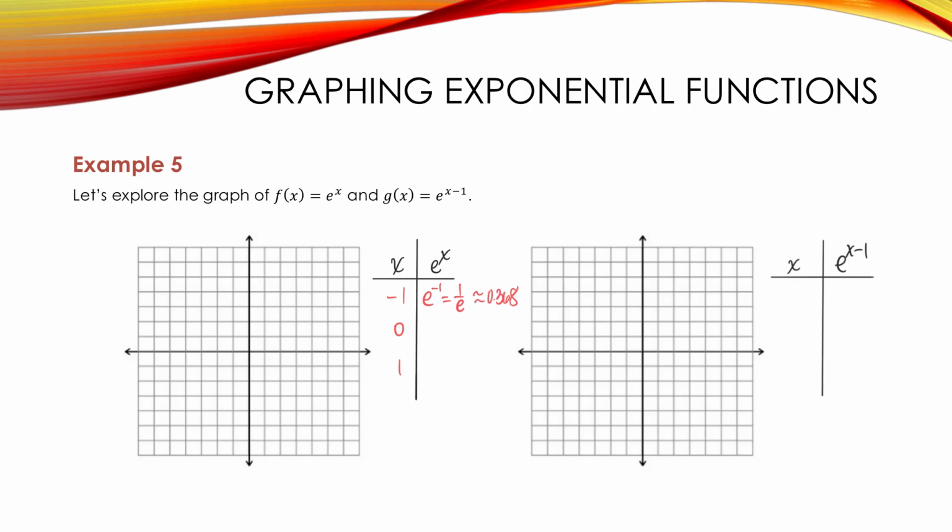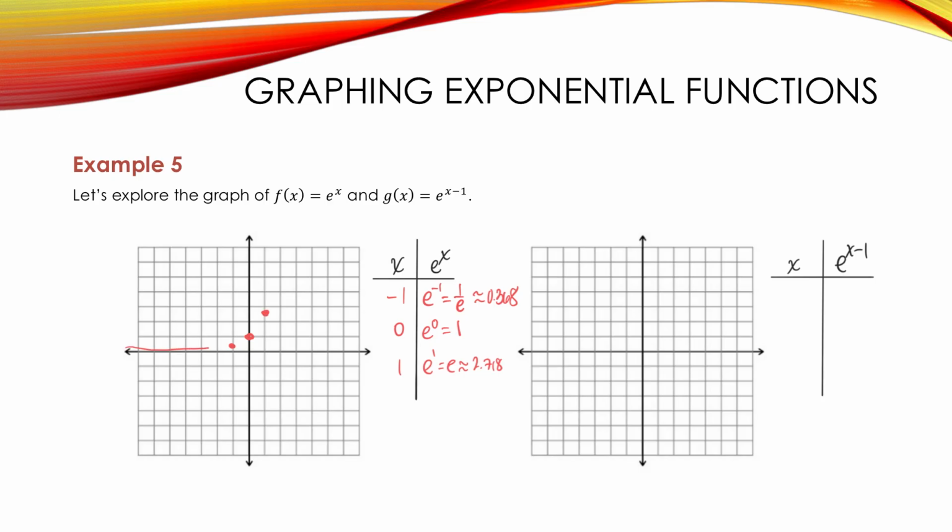So negative 1, about there, about a third. At 0, I get e to the 0, which is 1, so 0, 1. And at 1, I get e to the 1, which is e, which is approximately 2.718281828. So 1 and 2.7.